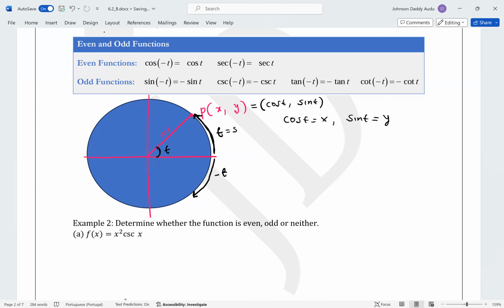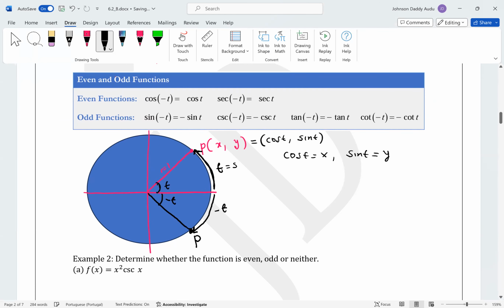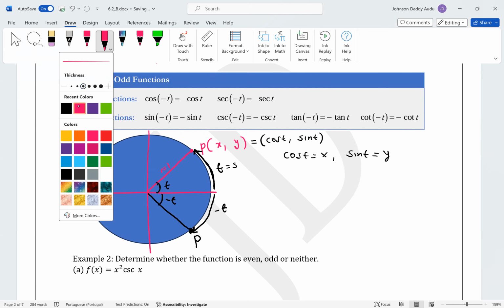We call this minus t, but don't forget that this point is still a point on the unit circle.